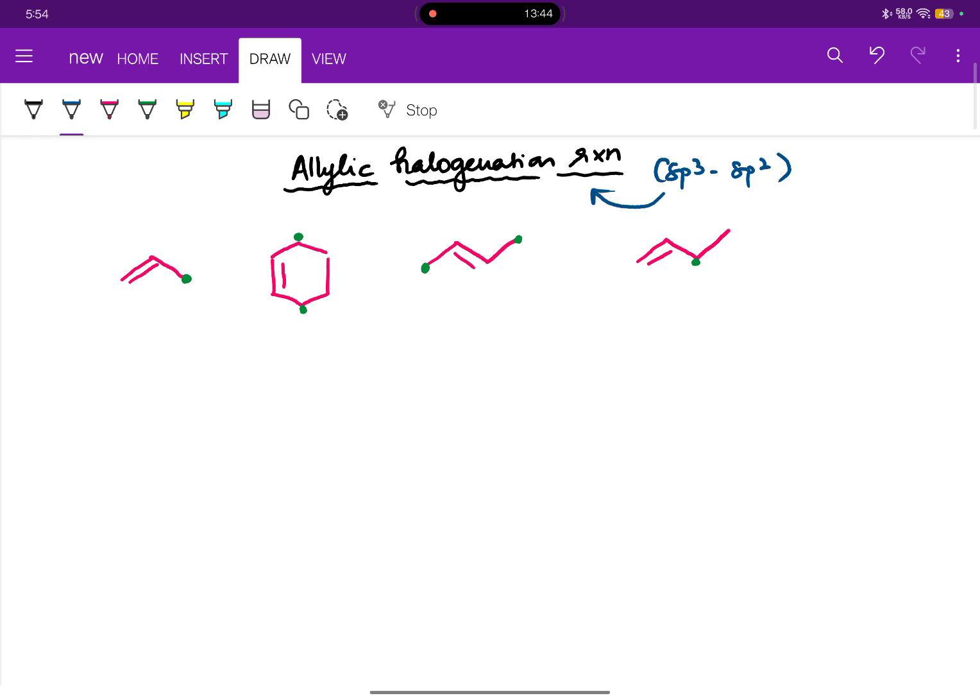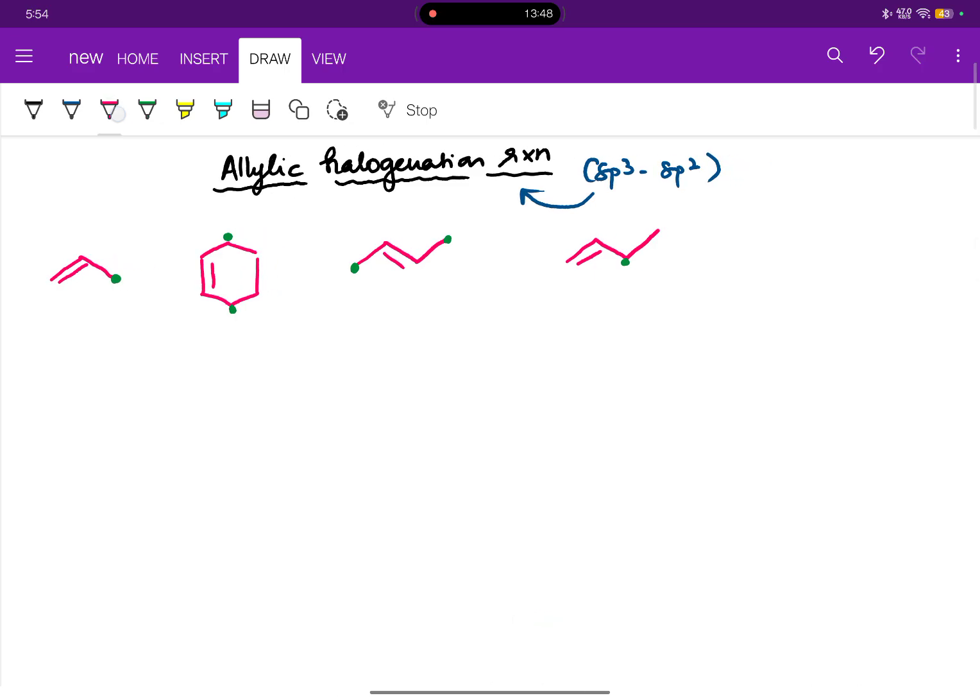The reagents that can be used for this reaction would be either bromine or chlorine heated at 773 Kelvin. That is one reagent. You can also use bromine or dichlorine in presence of UV light.